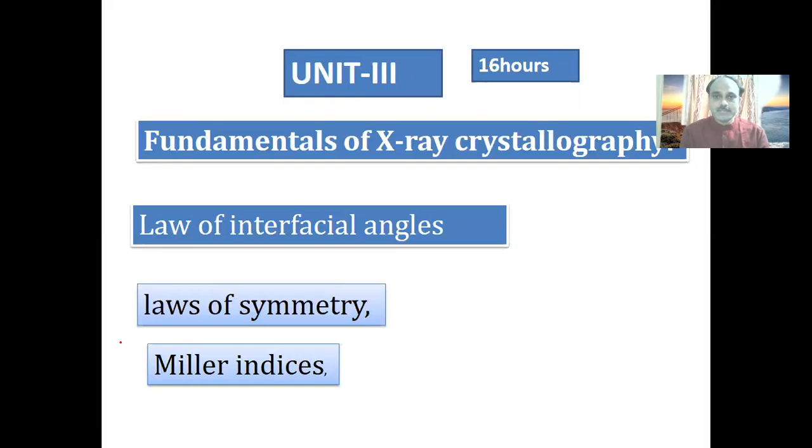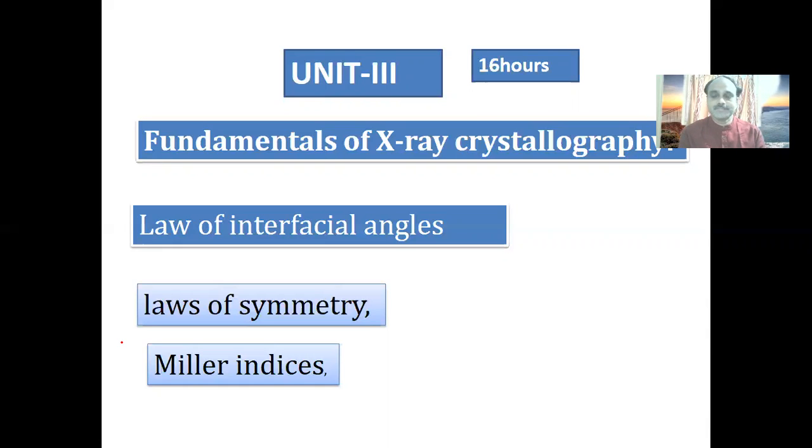So the basic concepts of X-ray crystallography, or the basic concepts on crystals, start from the solid. What are solids? The types of solids, that is crystalline solids and amorphous solids. What are the properties of crystalline solids and amorphous solids?